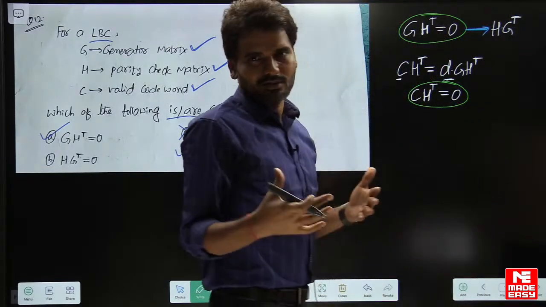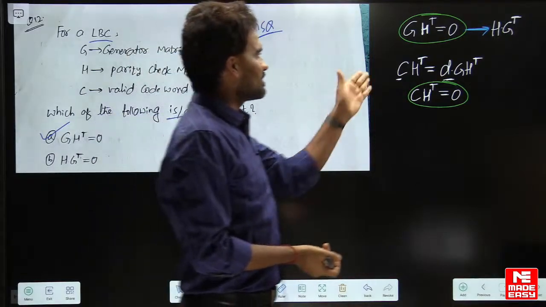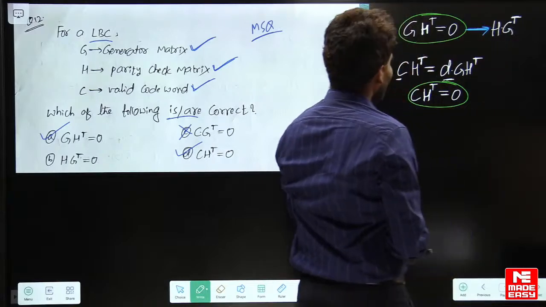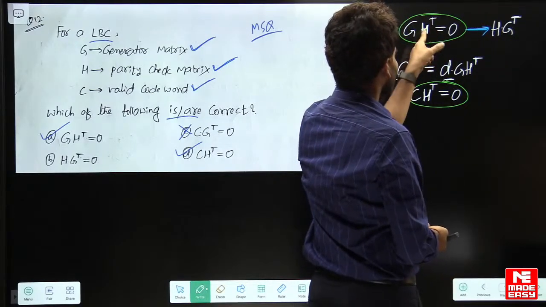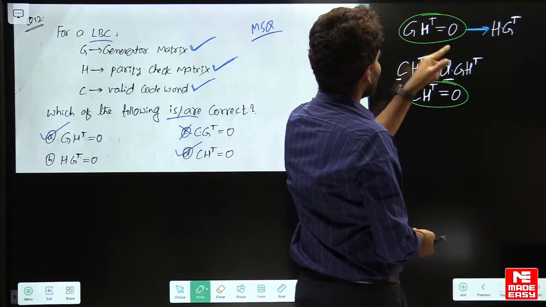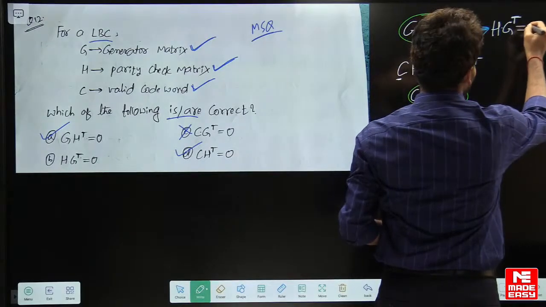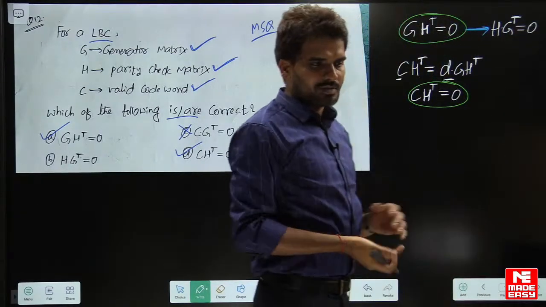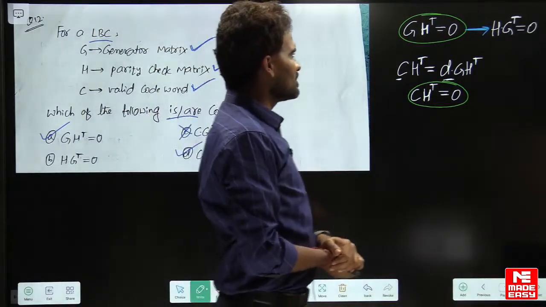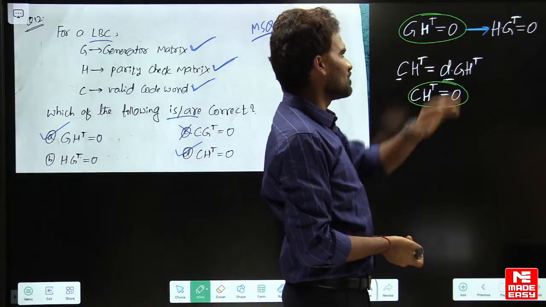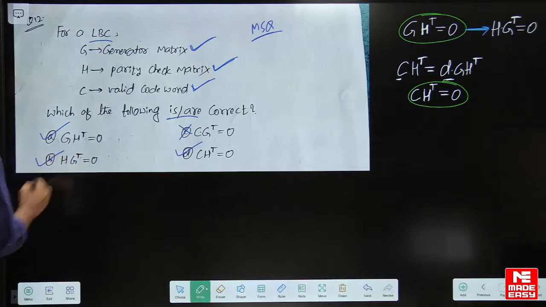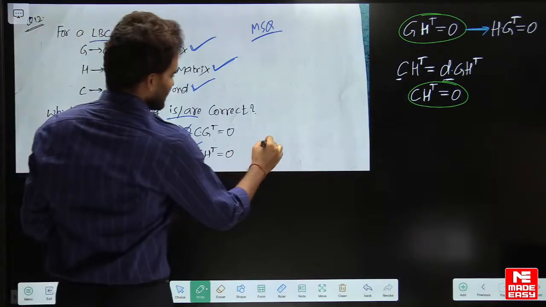I'm applying transpose on both sides. 0 transpose will be 0 only. The transpose of G H transpose is H only, multiplied with the transpose of G, which is G transpose, equal to 0. So if G into H transpose is 0, then H into G transpose is also 0. Just apply transpose on both sides. So your A, B, D will be correct.